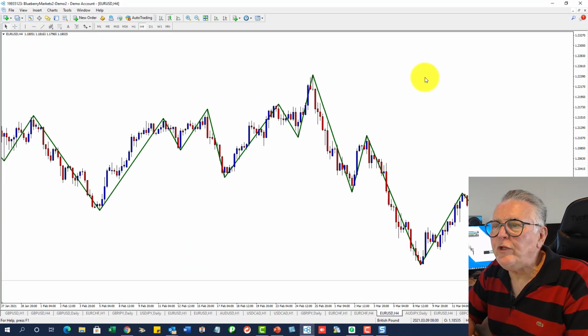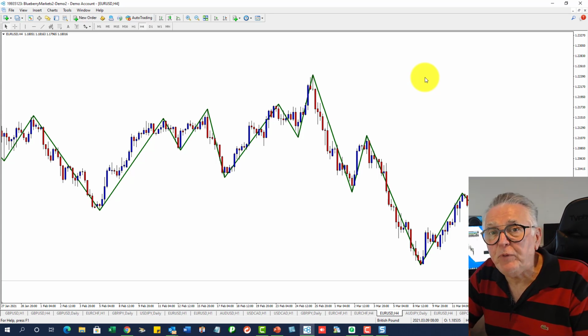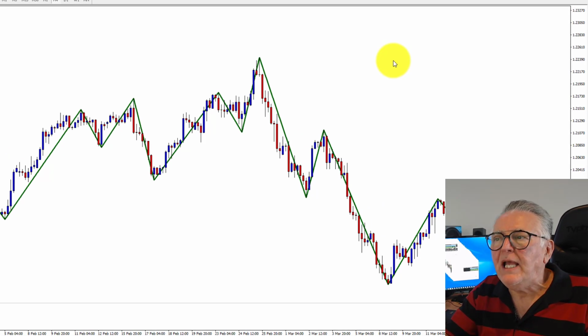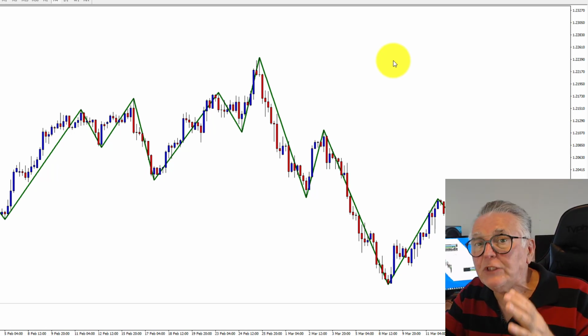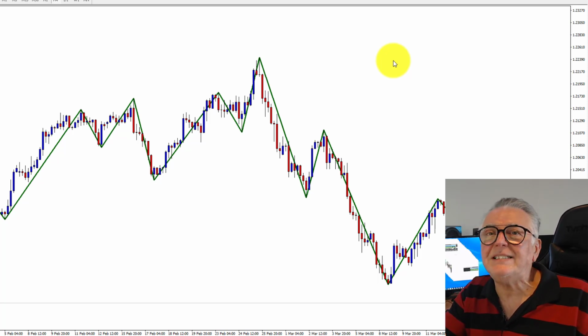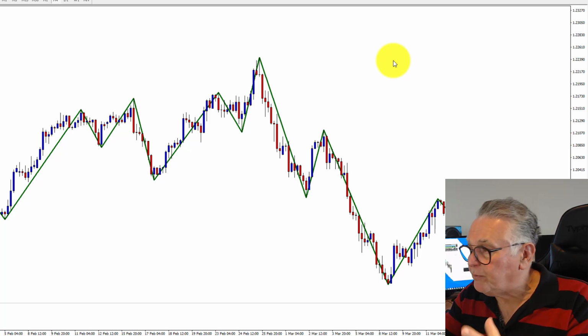So on your screen you can see a chart, and it's a fairly empty chart. I have put the zigzag indicator on. Normally it would be empty, but I have put the zigzag indicator on because I realize a lot of traders are not that good at seeing trends, and the zigzag indicator is a nice one to show you the trends.